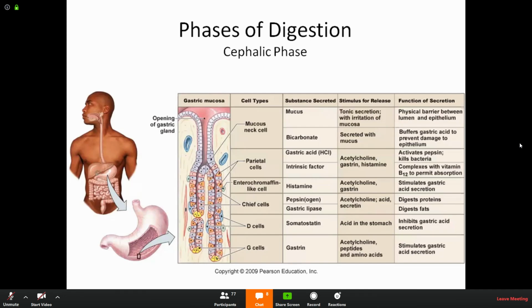Vitamin B12 must bind with intrinsic factor, forming a complex, and only then is it absorbed, because there is no vitamin B12 receptor in the small intestine, only the intrinsic factor receptor.